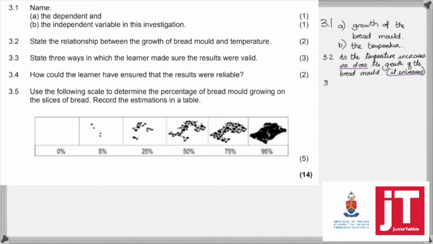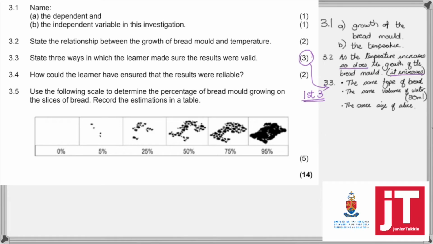All right, let's have a look at 3.3. State 3 ways in which the learner made sure the results were valid. Here we talk about validity, so it's about what was kept constant for all of the breads. We used the same type of bread in each of the locations, the same volume of water for each one of them, and the same age of the slice of bread.